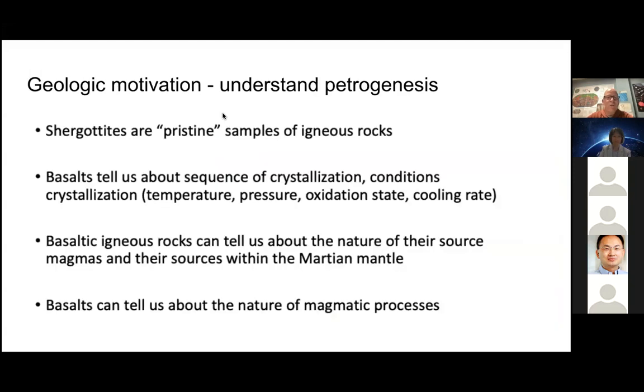So geologists are most interested in petrogenesis. That is how rocks form or originate and what types of geologic processes are responsible for changing these rocks. Now, shergottites are considered to be pristine samples of igneous rocks. We make that comparison based on looking at other types of basaltic rocks that come from asteroids and bodies like the moon.